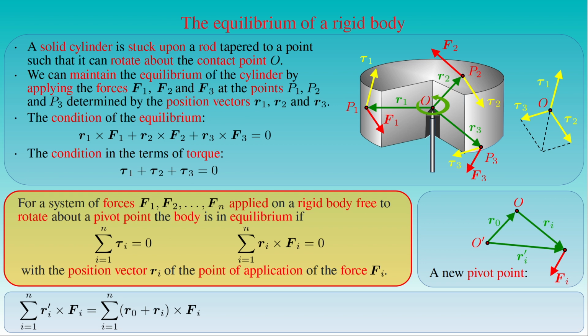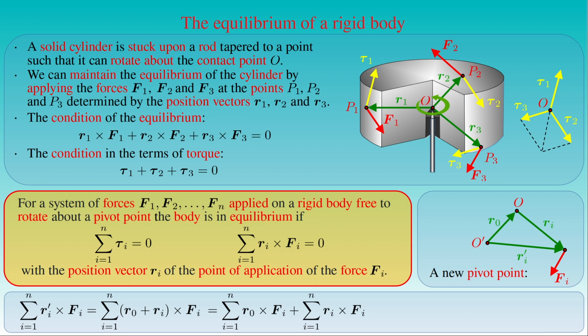As the figure shows, R0 denotes the vector pointing from the new reference point O' to the pivot point O. The right-hand side can be written as the sum of the cross product of the vector R0 and the force Fi from i equals 1 to n, plus the sum of the cross product of the vector Ri and the force Fi from i equals 1 to n. The second sum is simply the original sum appearing in the condition.